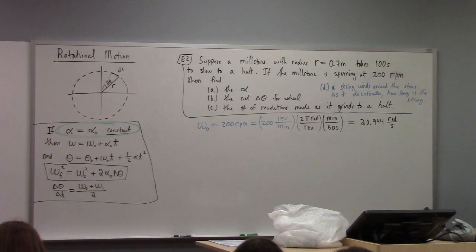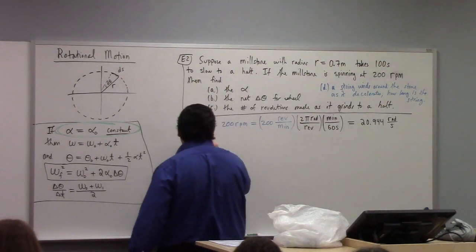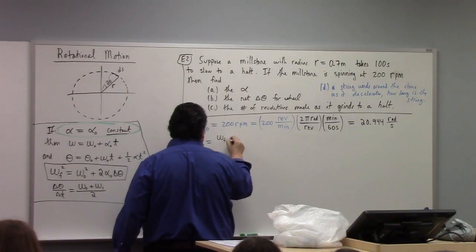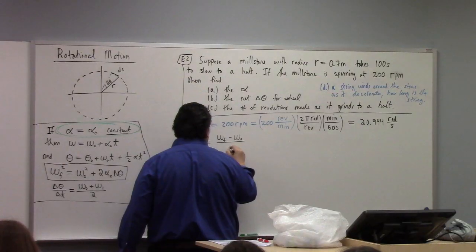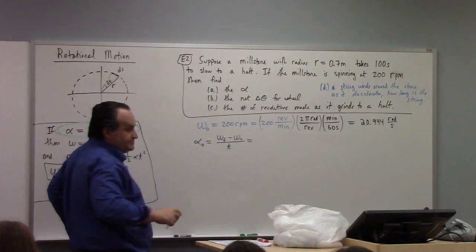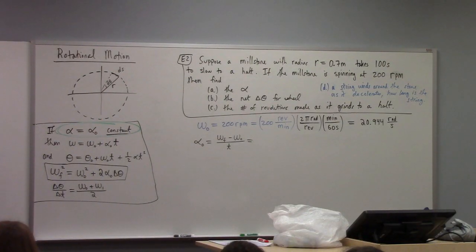Now, how can I figure out the angular acceleration? Alpha naught equals what? We could use omega f minus omega naught divided by the time that it took. So my omega f is what? Yeah, the final angular speed is 0, right?